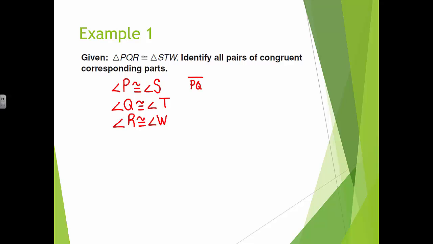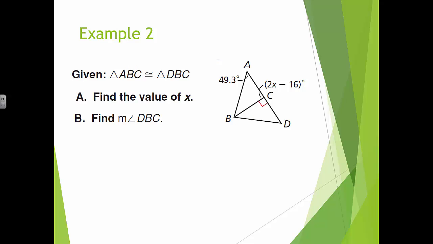PQ, the first and the second letter, is congruent to segment ST. The last two letters, segment QR, is congruent to segment TU. And lastly, if we take the first and the last letter, segment PR is congruent to segment SU. So that's how you identify all of the corresponding angles that are congruent and all of the corresponding sides that are congruent in two congruent triangles.